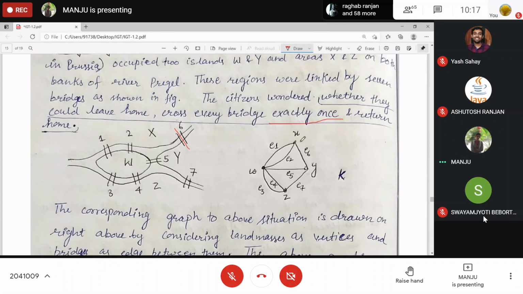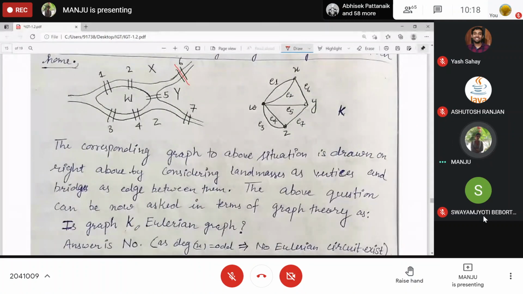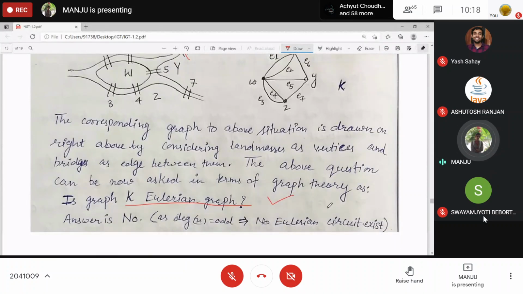Here the degrees are odd, meaning not even. The degree is not even for all the vertices, so that's why no Eulerian circuit exists. It is not Eulerian. That's why this situation is not possible.